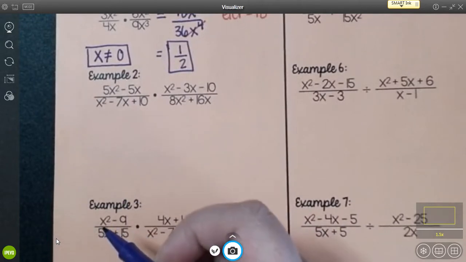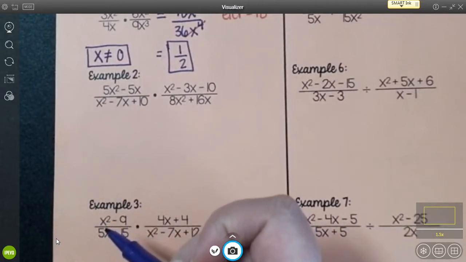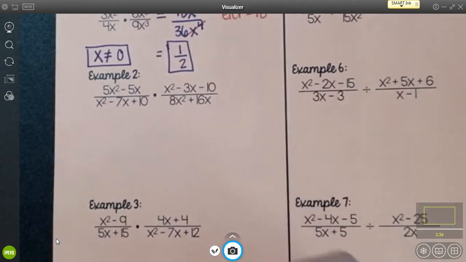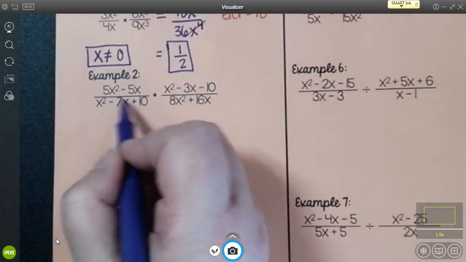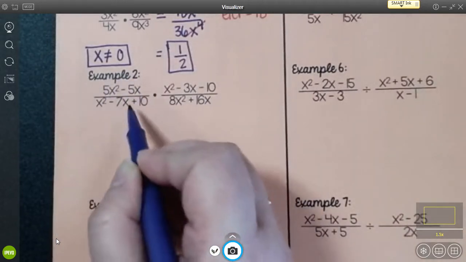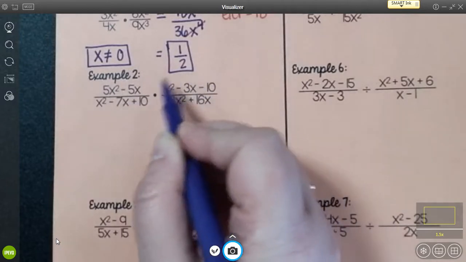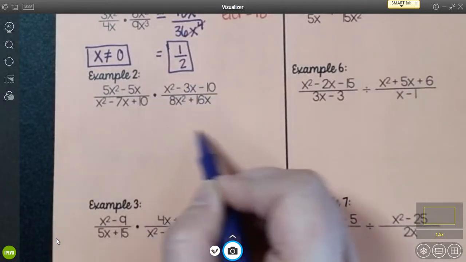5x squared minus 5x over x squared minus 7x plus 10 times x squared minus 3x minus 10 over x squared plus 16x. Okay, so we have 4 parts here, right? We have this upper left, lower left, upper right, lower right.